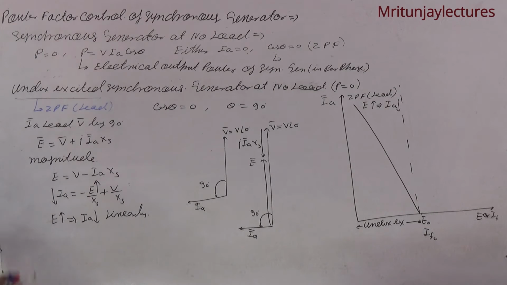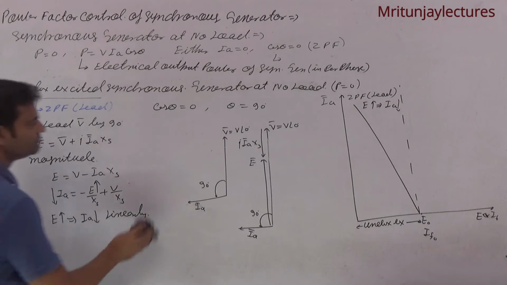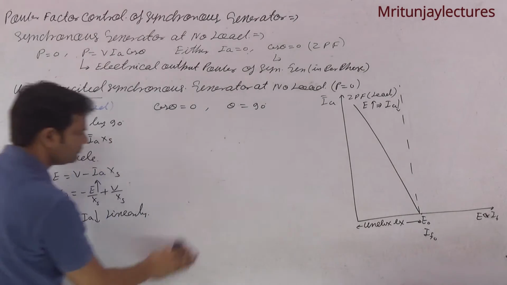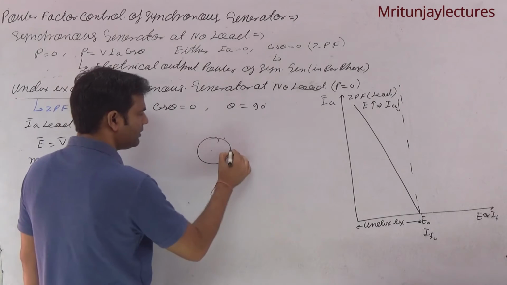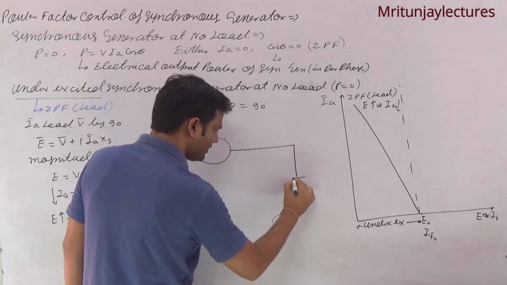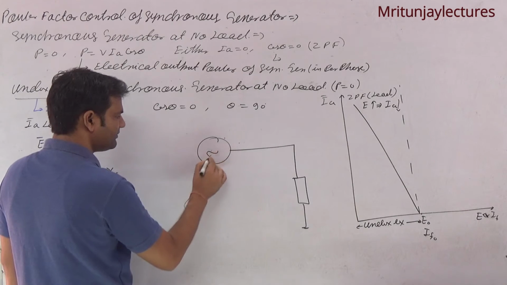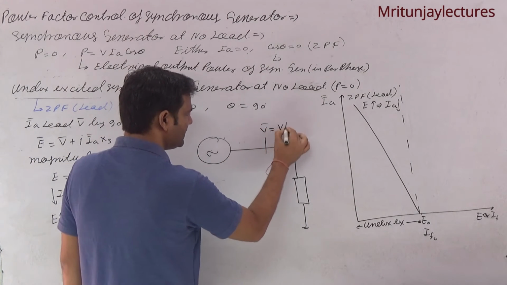Now first of all, make it. Application. This one is a load. This one is synchronous generator. And V this be equal to V at the angle 0.